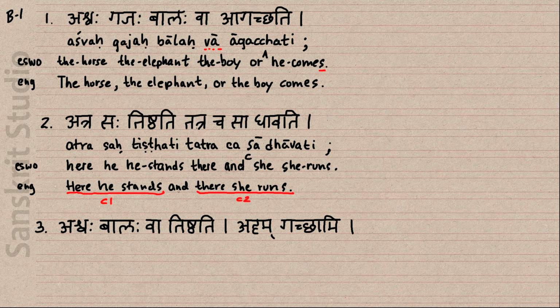And once again, as a student we have to read this English line. We have to understand that this is a clause. Here he stands, that is a clause. That could have been a standalone sentence, but it isn't in this case. So and is connecting two clauses, and therefore it automatically is a C.